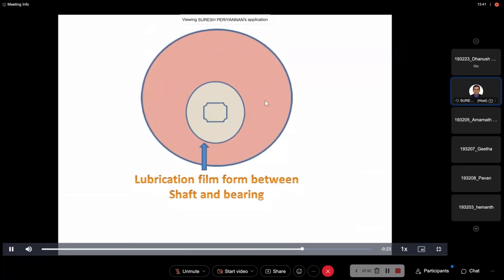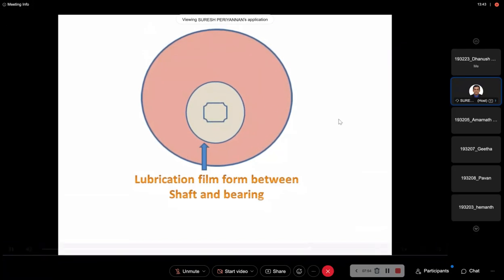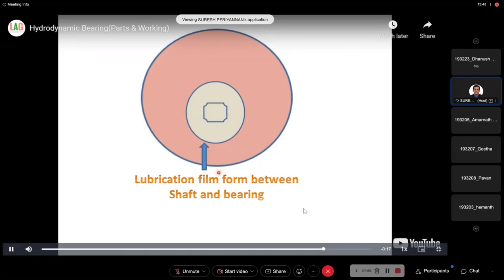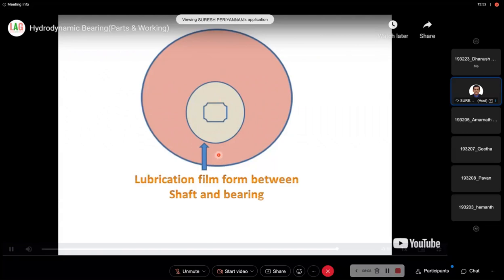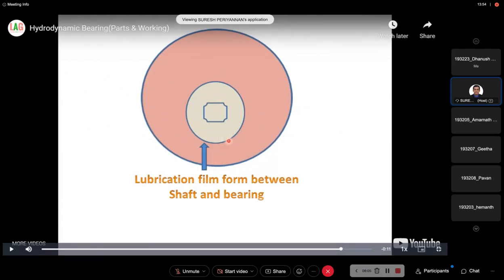Now, how the transition is happening, we are going to understand through the graphical method, through the graph, because they already did the experiment.